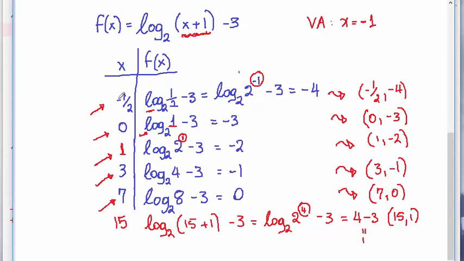So if you take negative 1/2 here, then negative 1/2 plus 1 will be 1/2, and 1/2 can be written as 2 to the negative 1. Why? Let me remind you that if you have any negative power, let's say 2 to the negative 1, then by using the rules of powers, this is equal to 1 over 2 to the first.